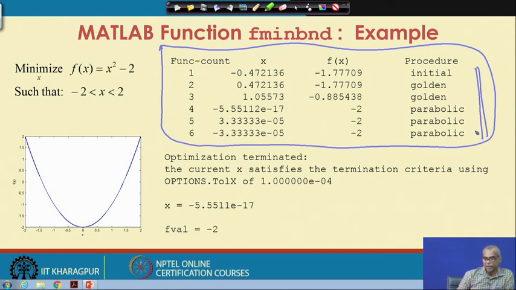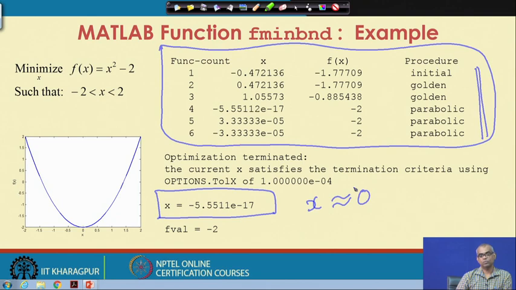So, the solution that we get is minus 5 into 10 to the power minus 7. So, this is almost 0, and the function value as expected is minus 2.